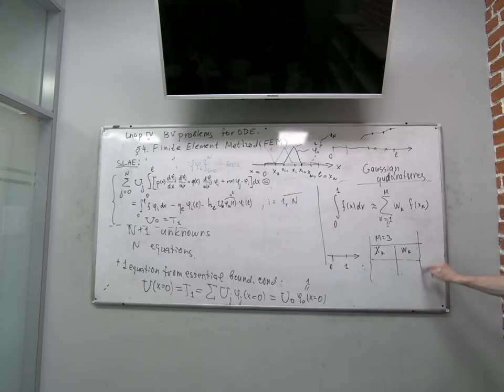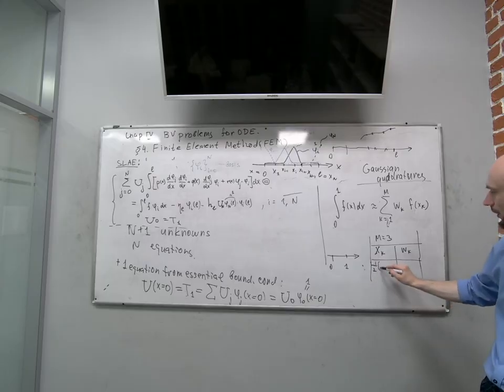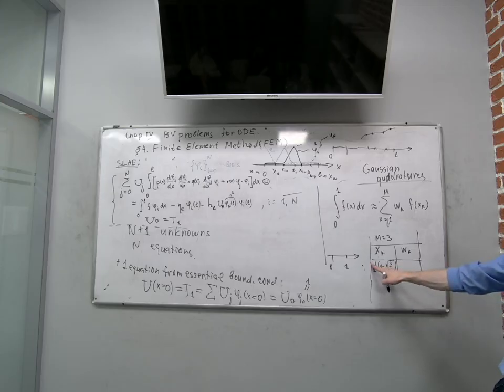This column will say at which point between 0 and 1 I should take my value of the function. And this column will say what weight coefficient I should use in the sum. Plus 1/2, 1 minus square root 3/5. This is the first location, and this weight is 5/18.